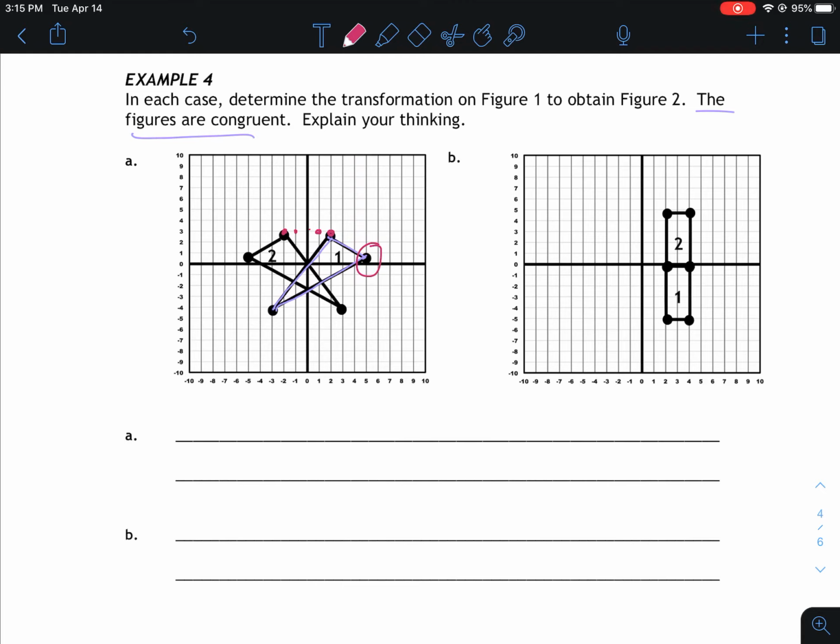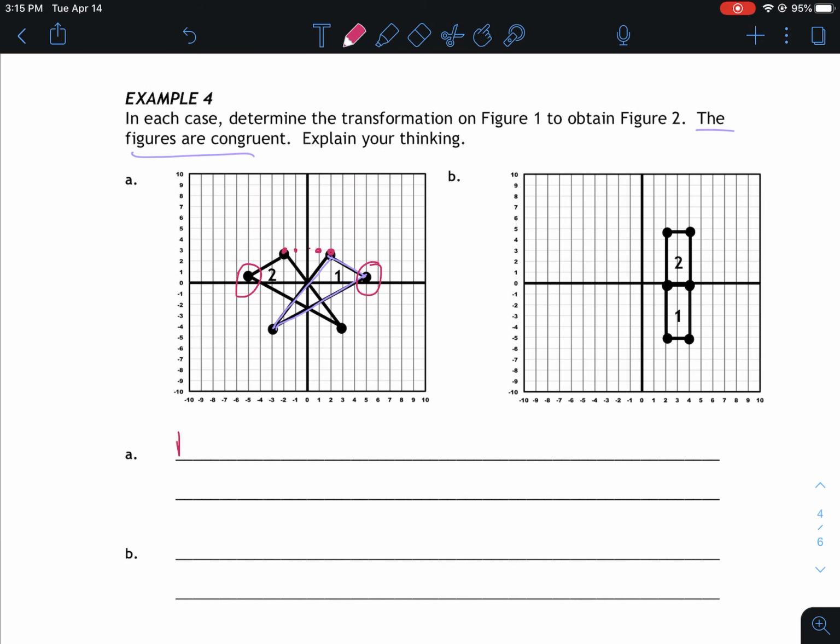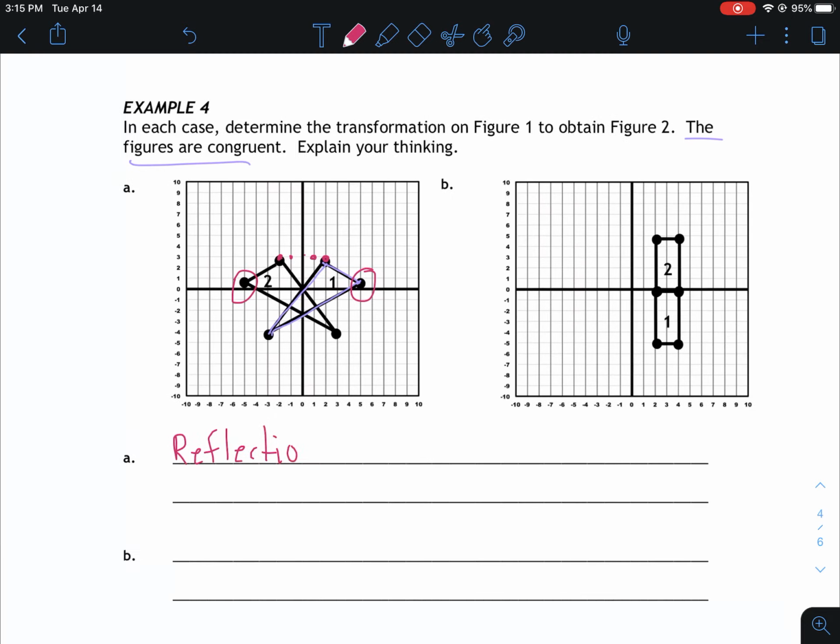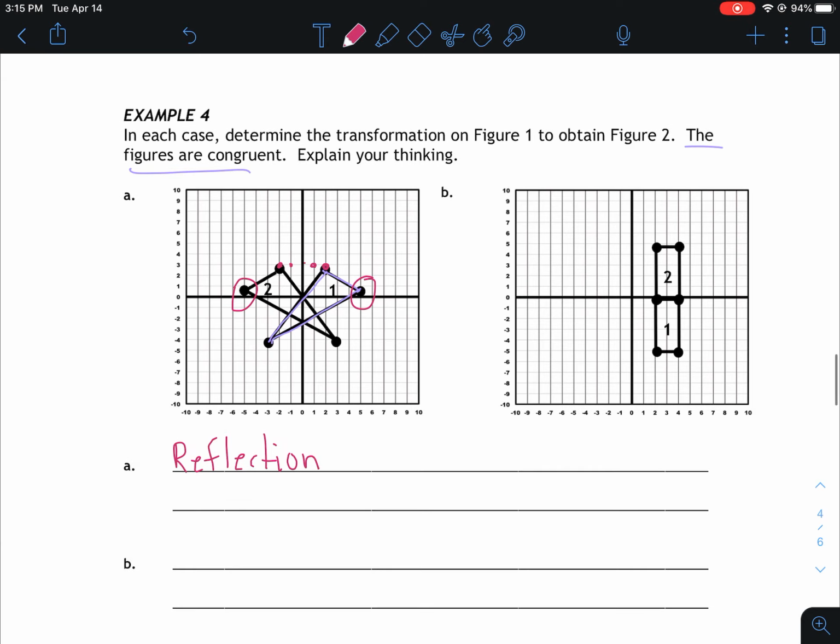This point is 1, 2, 3, 4, 5 values away, and over on the left side, it is also 5 values away. So when we are noticing this, this is what we call a reflection. And you can tell that the reflection is across the y-axis, and that is because everything is changing opposite of the y. It's going to the other side. It's literally flipping over.